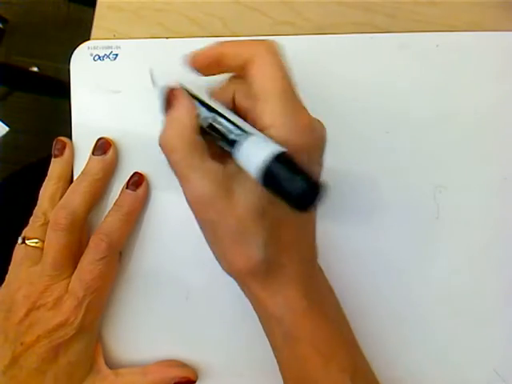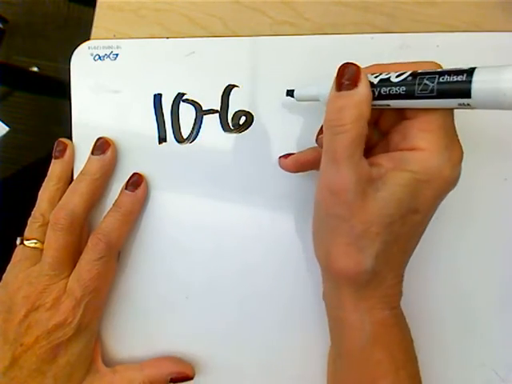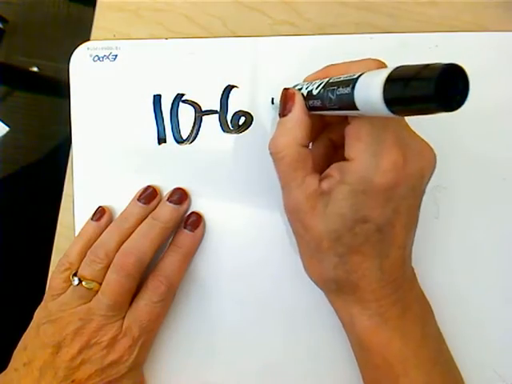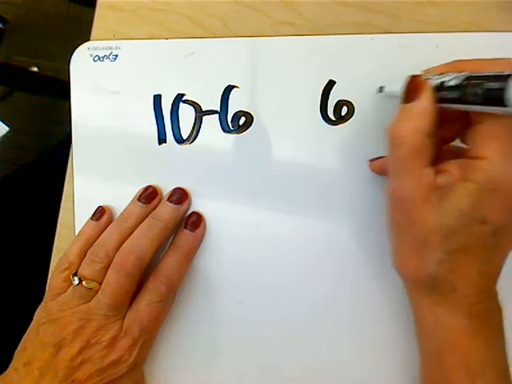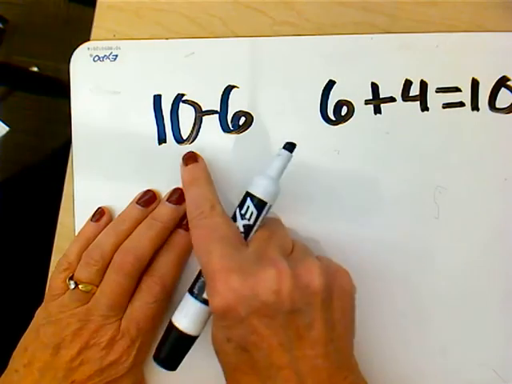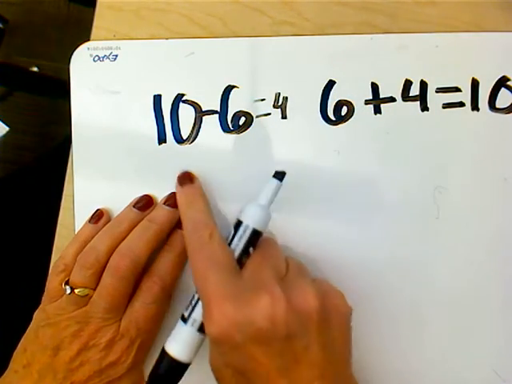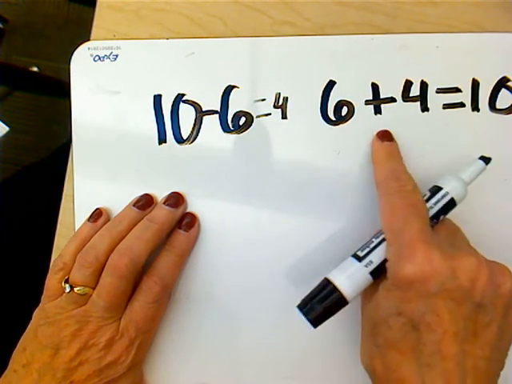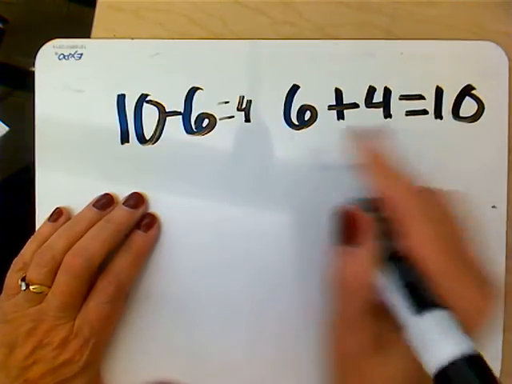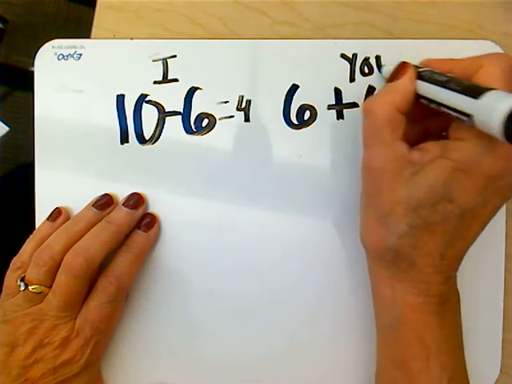If I say 10 take away 6, you would tell me the related fact would be 6 plus 4 equals 10. So 10 take away 6 would give me 4, and the related fact would be 6 plus 4 equals 10. So I will say this, and you will say the related fact.